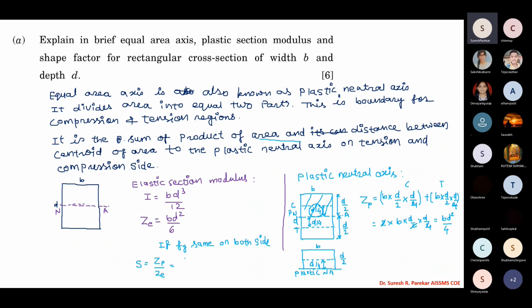So ZP we have BD square by 4 divided by ZE BD square by 6, and we will have 6 by 4, which is equal to 1.5. So shape factor for rectangular section is 1.5. So this was first question.